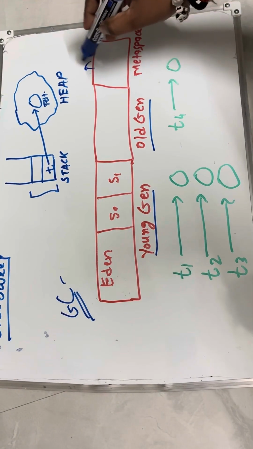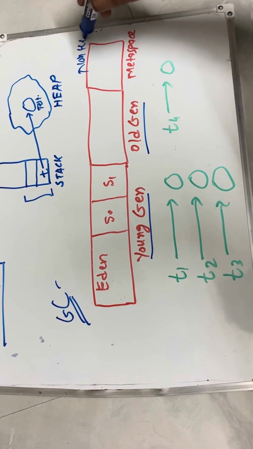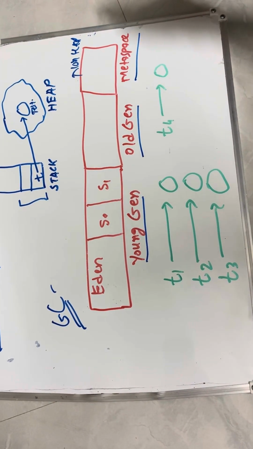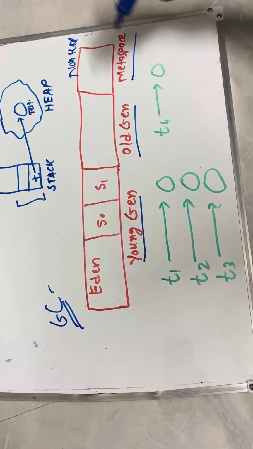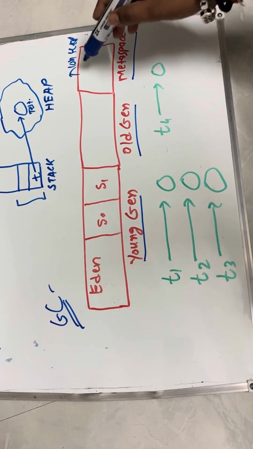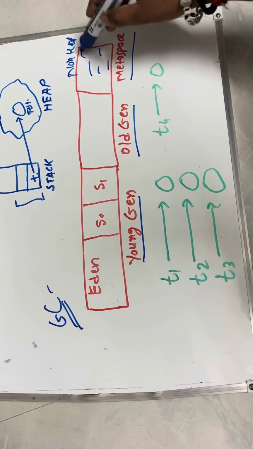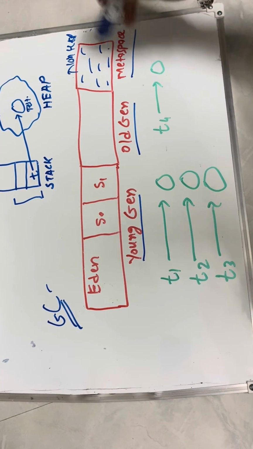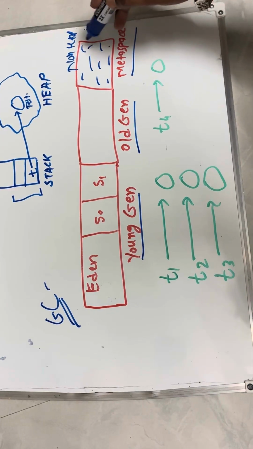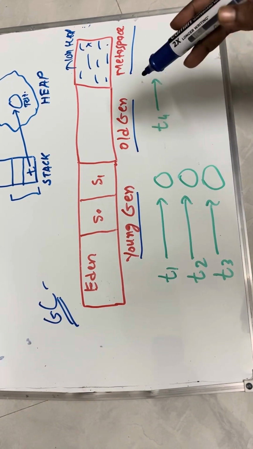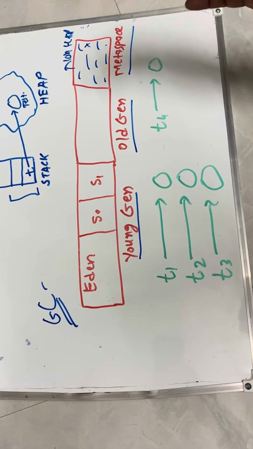There is one more non-heap space, which after Java 8 we call the meta space. Whenever we define any static variable in any class, it will be defined within this meta space. Right now we are not concerned about it. So we will understand the difference between the minor garbage collector and the major garbage collector.